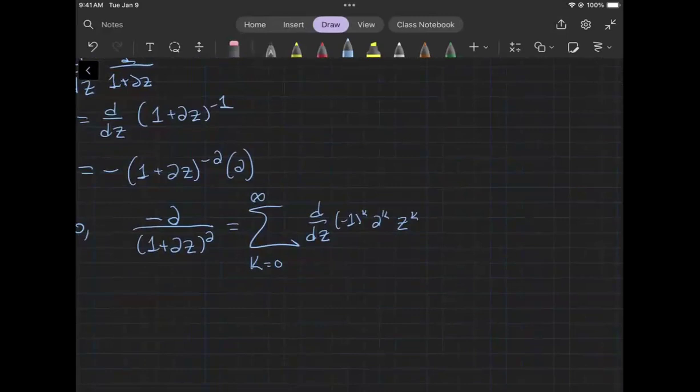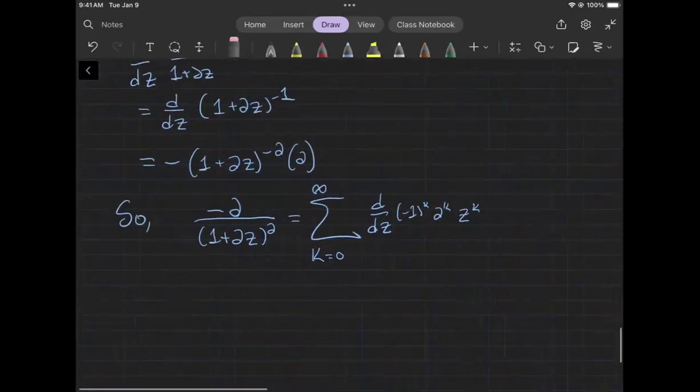So if we differentiate, a constant gets eliminated, right? So we're going to have to shift the index here. Instead of starting at k equals 0, we're going to start at k equals 1. Hopefully that made sense.